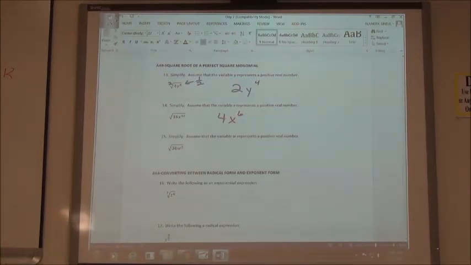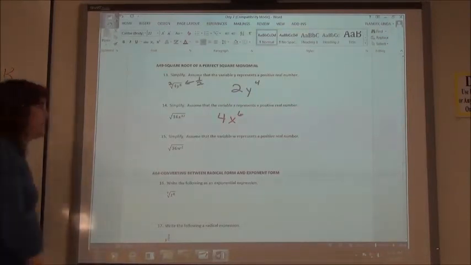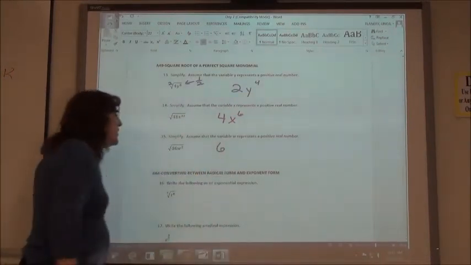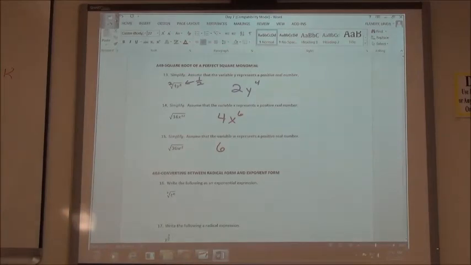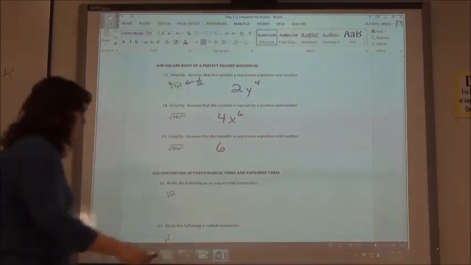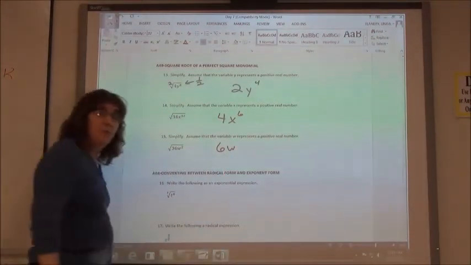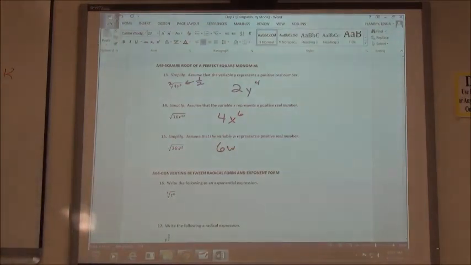You do have a square root button on your calculator. It's right over here, right next to the fraction button. So square root of 36 is 6, because 6 times 6 is 36. What's the square root of w squared? W to the first, which is just w, right? So if you took a 6w times a second 6w, you get 36w squared.